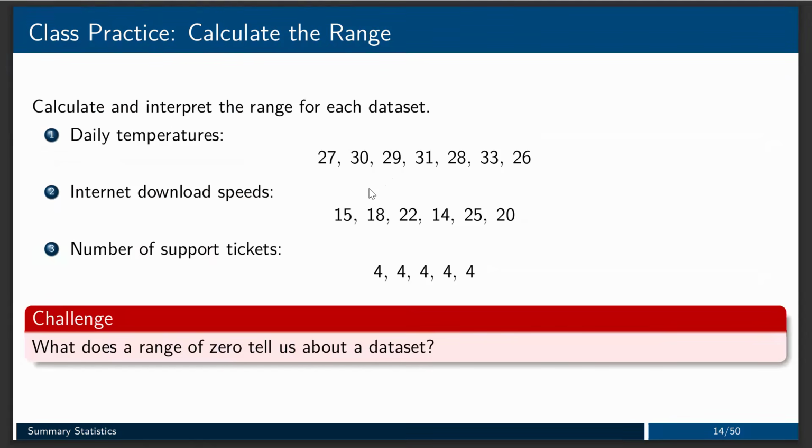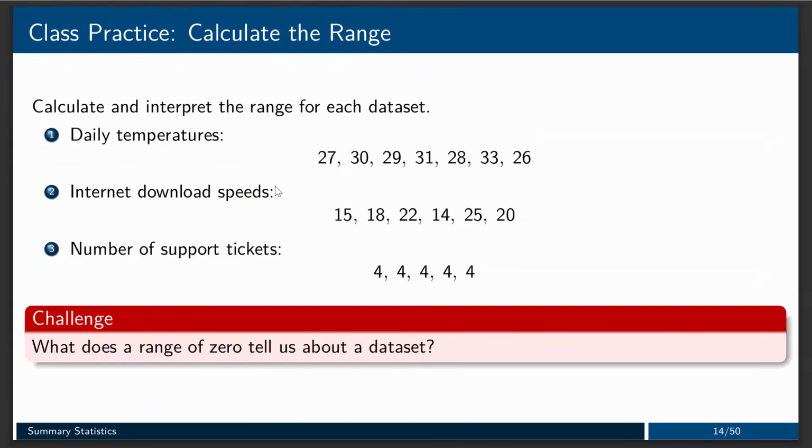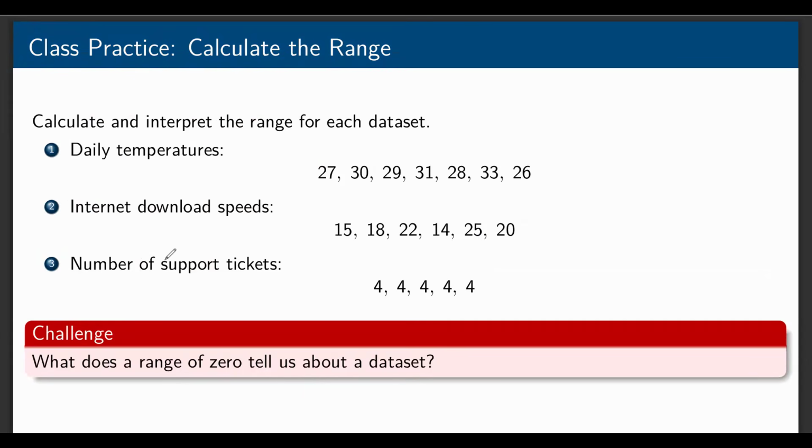And then they can change substantially from sample to sample. Here is a practice example. Calculate and interpret the range of each data set: daily temperatures, internet download speeds, and number of support tickets.